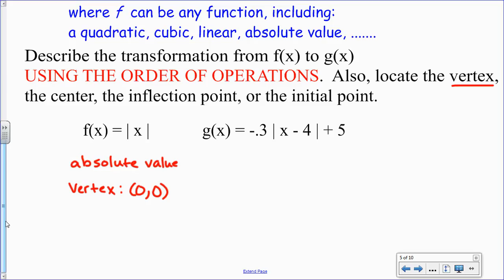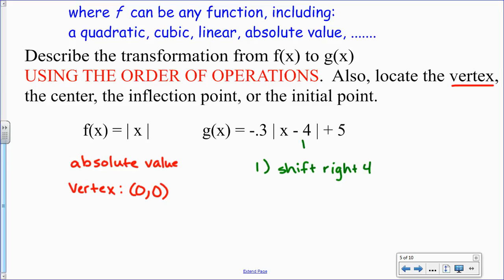Is there a negative in front of this x? No, so I don't have the reflection over y. So the first thing that's happening to x is this minus 4. That tells me I'm going to do what? Right 4. Shift right 4.